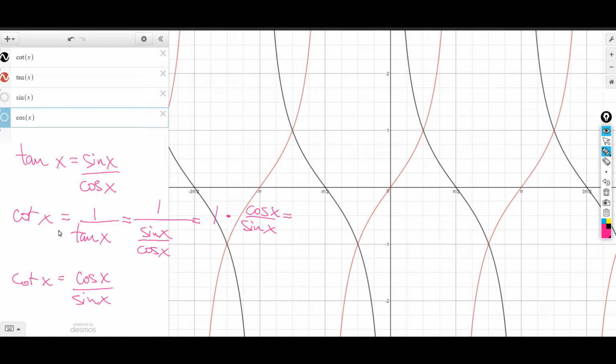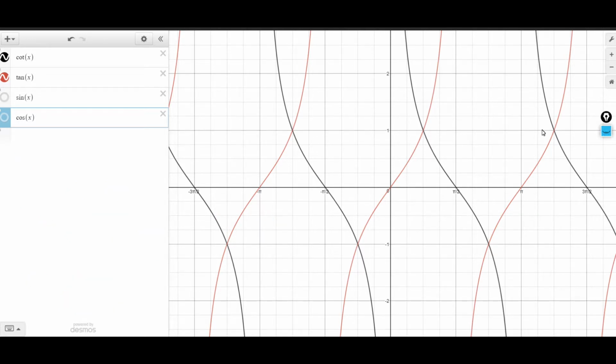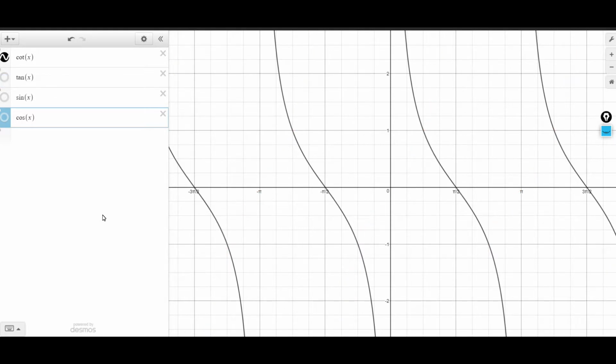So before, the determining factor in our asymptotes and what made the graph so strange is the fact that we had a cosine of x in the denominator. Now with cotangent of x, sine of x is in our denominator, and that is the determining factor in a lot of important parts of the graph. So I'm going to take this one off. We're looking at cotangent of x, and just like before, if you look at sine, the part of the graph where it goes from negative infinity all the way up to positive infinity out of nowhere, for cosine, it's just 1.